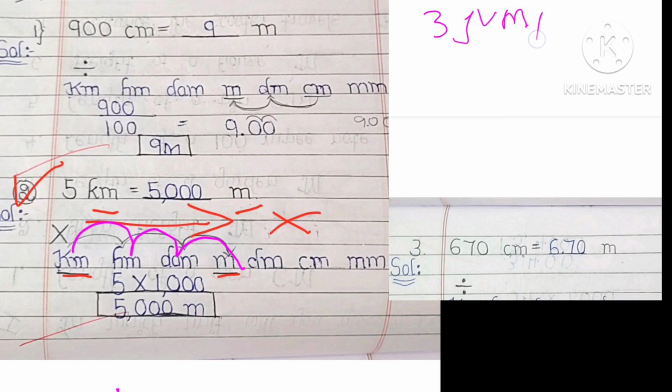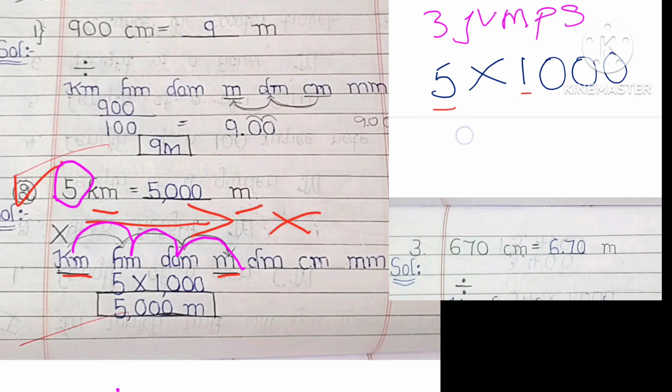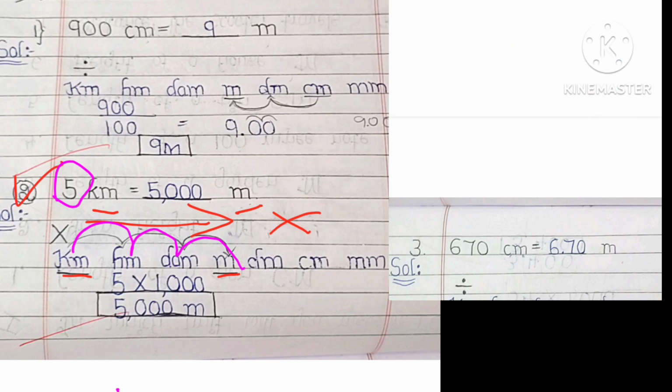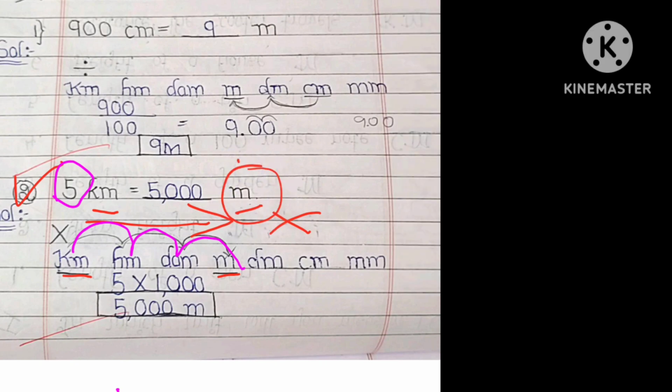Then in the question you have 5. You have to write down 5 multiplied by how many zeros? 1 followed by 3 zeros. Why 3 zeros? Because 3 jumps we did. So that is 5 into 1000 is equal to 5000 meter. 5 ones are 5 and 3 zeros. 5000 meter. So the answer is 5000 meter.